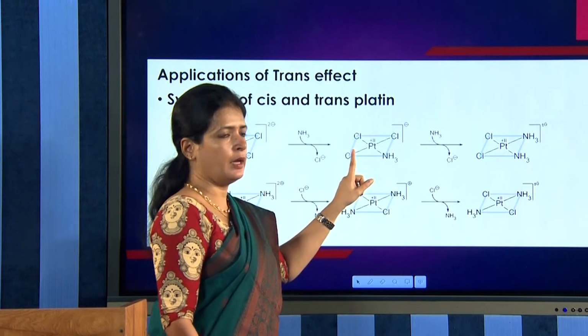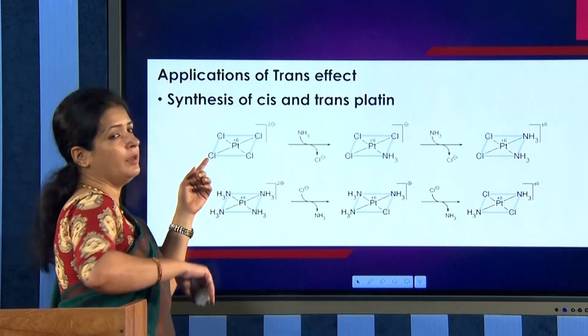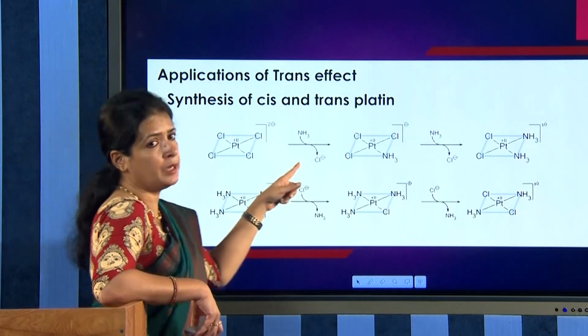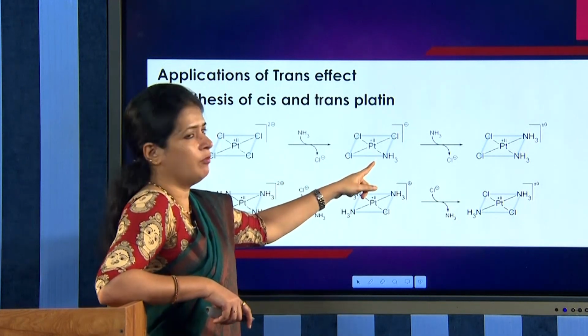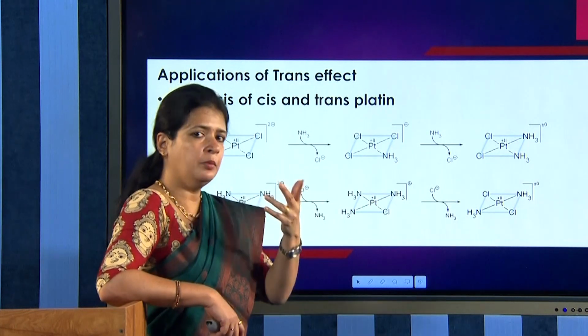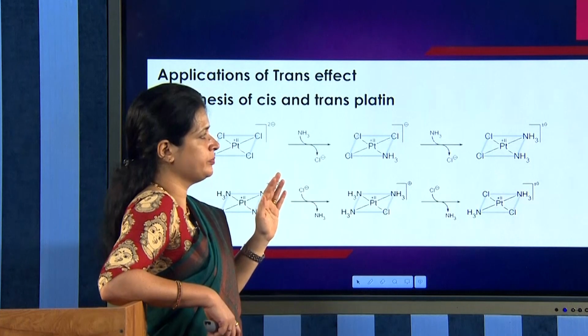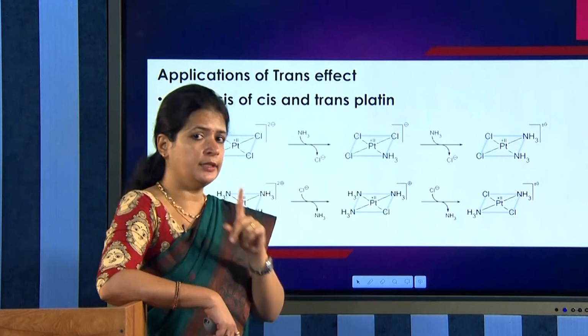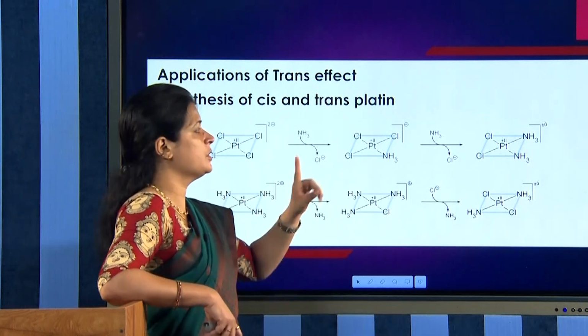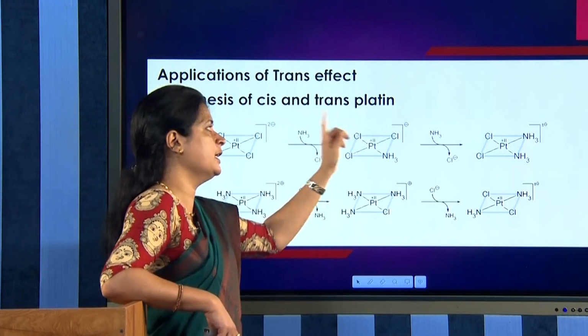No, I repeat. First, we will be starting with the PtCl4 complex. I am adding an ammonia molecule, and one ammonia molecule is being substituted here. And again, if I add one more ammonia molecule, what happens? I have to consider the trans effect, which ligand has the greater ability. It is Cl minus.